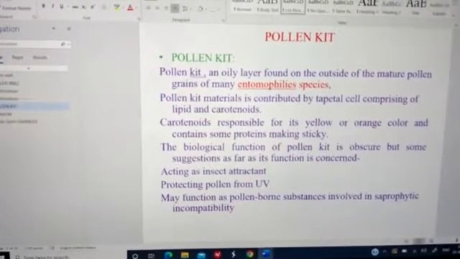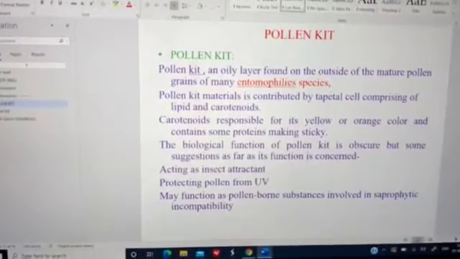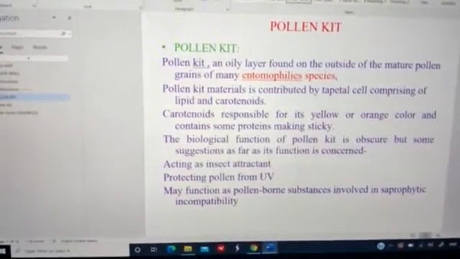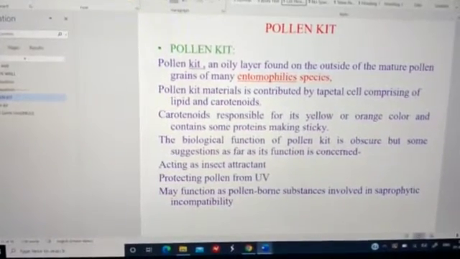Pollen kit material is contributed by the tapetal cells, comprising lipids and carotenoids. Carotenoids are responsible for the yellow or orange color, and it contains some protein making it a sticky substance.